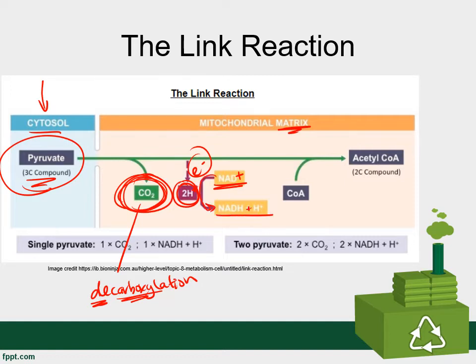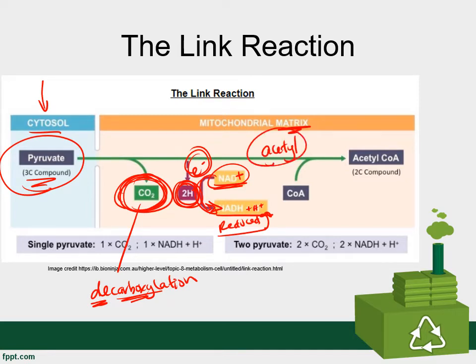And we can say that it's also plus H+. We can call this the reduced form because it has gained those electrons and hydrogen ions. So we're going to take that pyruvate, decarboxylate it, take those electrons and hydrogen ions, chunk them onto NAD+, which forms NADH. Then what's left over is called an acetyl group.